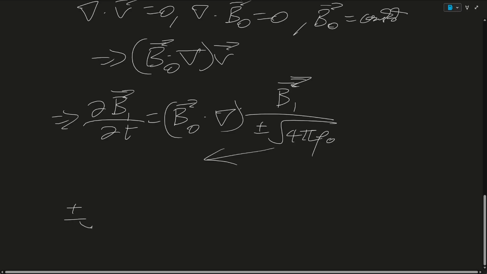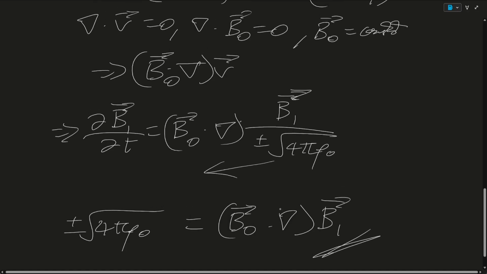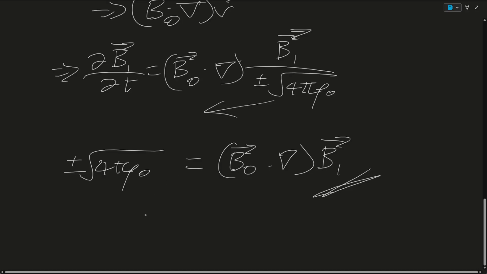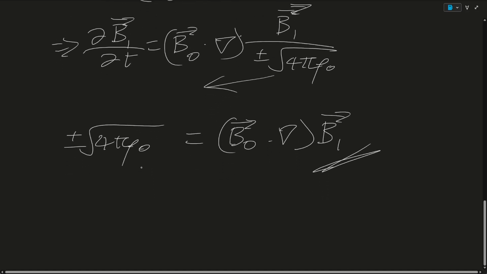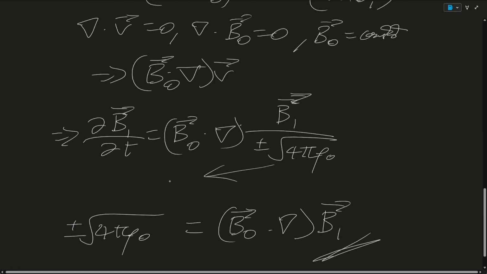Plus or minus square root of 4 pi rho naught is equal to b naught del times b1. Cool, and since that and that are the same thing, we didn't do any approximations.